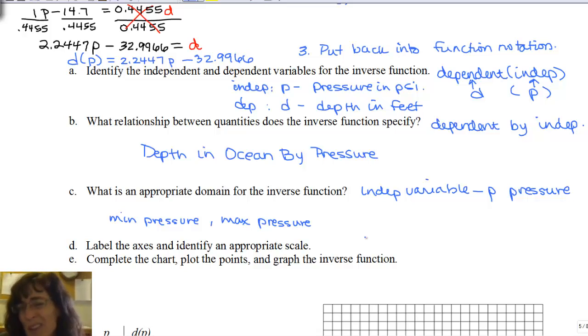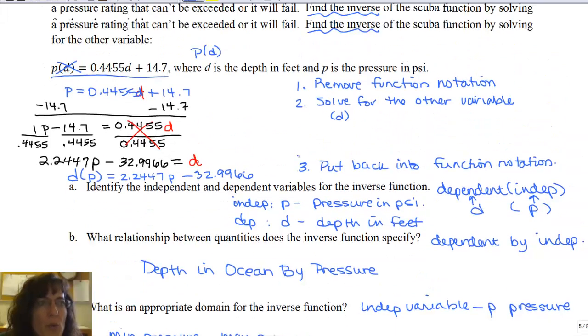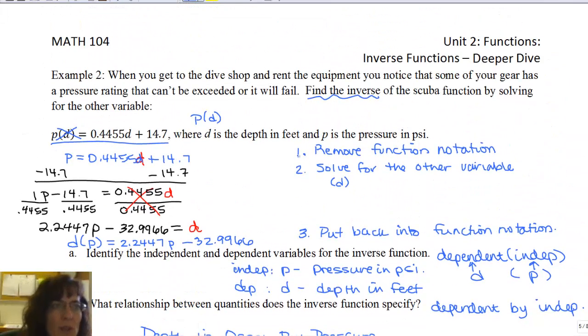You would think the smallest pressure is 0, but remember in our scenario when we worked on this before, we found for the original function, if we found P of 0, that was 0 feet deep, then we came up with 0.4455 times 0 plus 14.7.